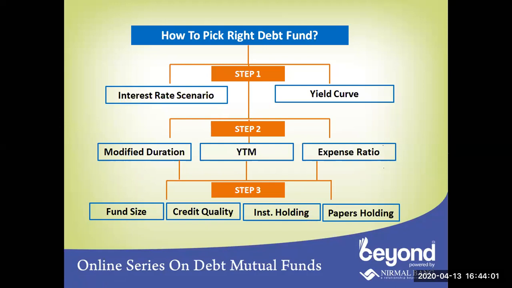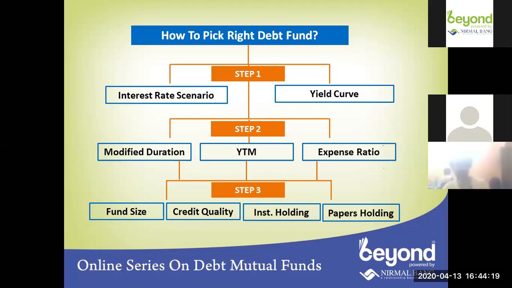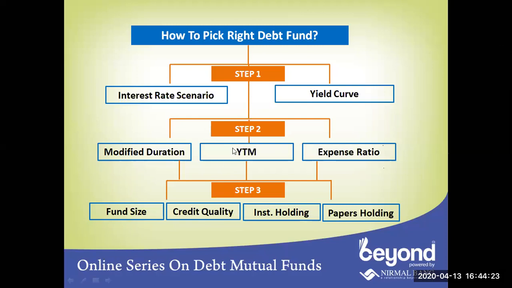In a short term category, as per the rule, the maturity cannot be more than 3 years. But if I am positive on a 1 to 2 year yield curve, I'll select those funds which have a maturity somewhere between 1 to 2 years. And then we'll see the YTM.